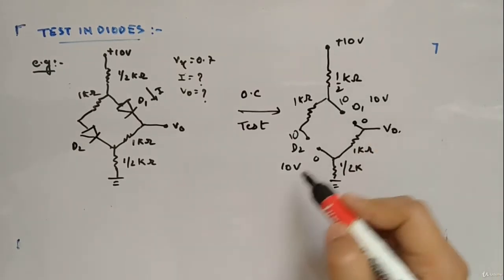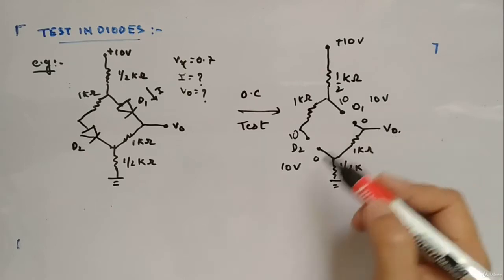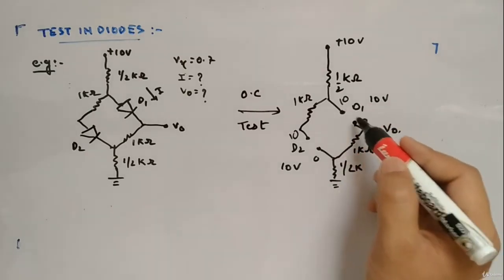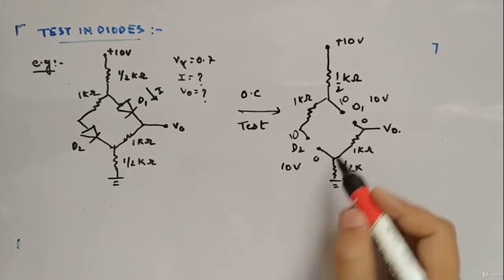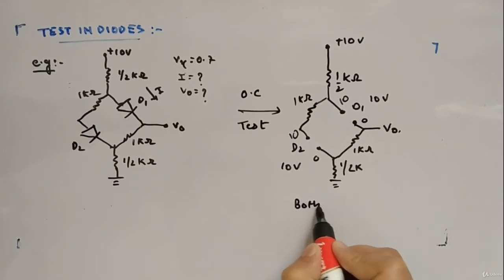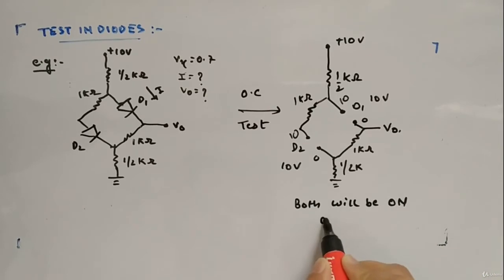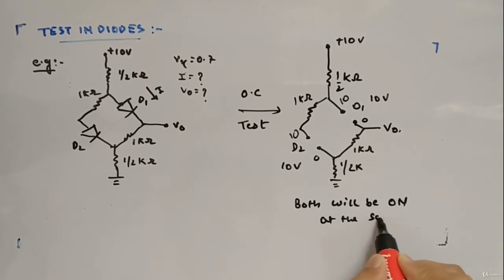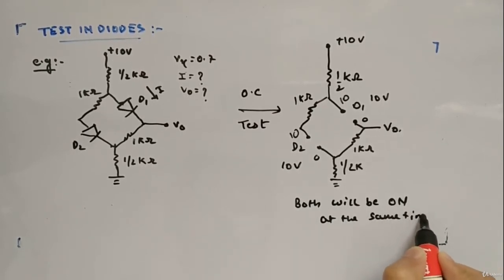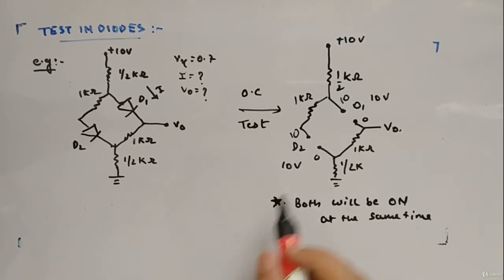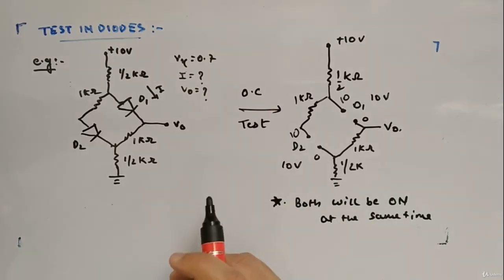Since both of them carry equal voltages across them, both will be on at the same time. This is the point I wanted to mention. So both of them will be on and we don't have to check for any other condition.